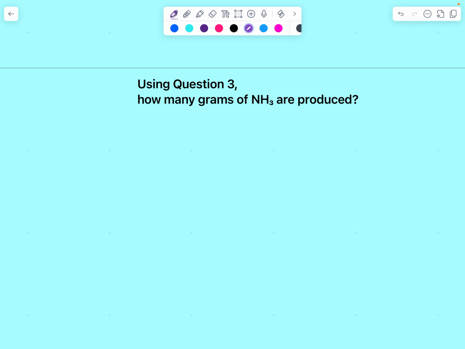Question 3. How many grams of NH3 are produced using question 2? Okay. This is question 3. But looking back at the old one, we know that the limiting reactant was what? H2 equals limiting reactant. And the predicted NH3 is 0.993 moles.